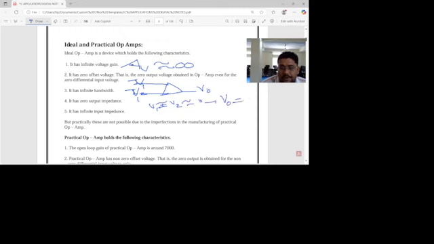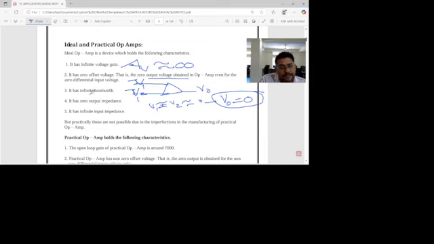That is called the zero differential output voltage. Ideally it should be zero offset output voltage, but practically it is not possible because of the op-amp's internal design. There are many transistors in an op-amp, and because of these transistors some offset voltage is created, so it cannot be zero practically, but ideally it may be zero.